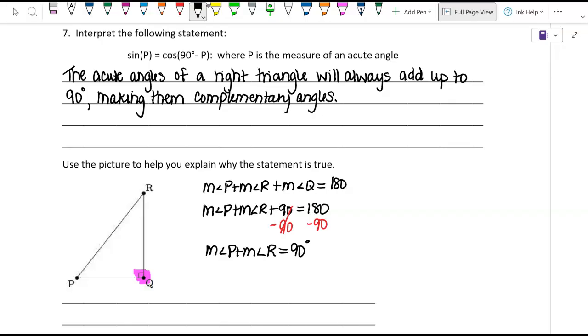So now if I look at the measure of angle P plus the measure of angle R equals 90, and I subtract the measure of angle P from both sides, the measure of angle R is 90 minus whatever the measure of angle P is. So that's how that relationship works, based on what we know about the measures of angles of a triangle.